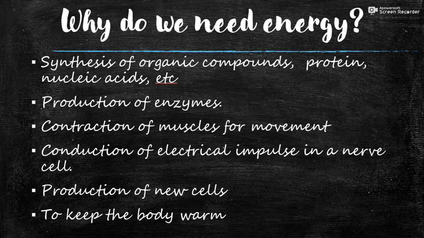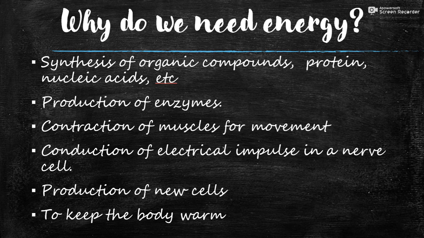Synthesis of organic compounds, for example, a protein, has to be built in our body. We are taking in food and the food has to be digested. What happens at the time of digestion? When we eat carbohydrate, that will be broken down into glucose or other sugar molecules.